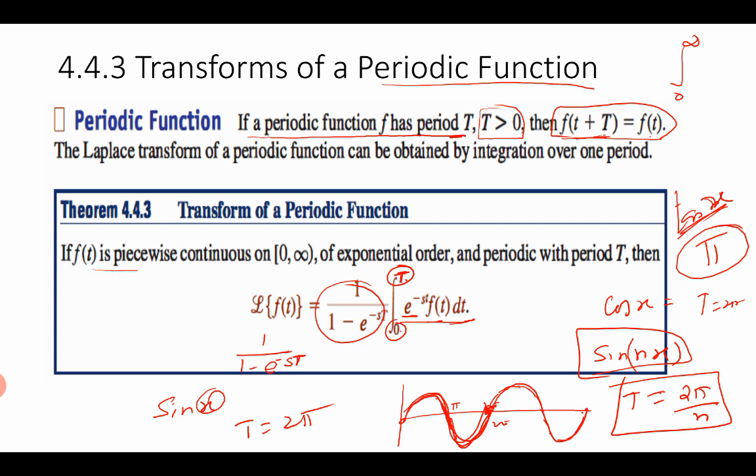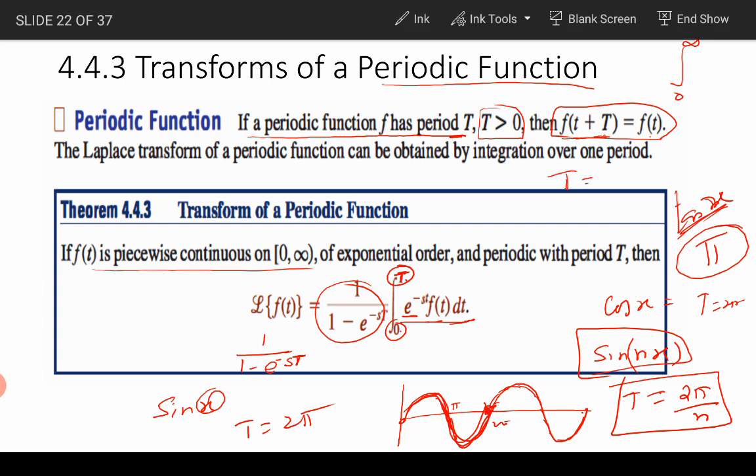The function is piecewise continuous in the interval, and of exponential order, everything is true. Whatever the necessary and sufficient conditions for the existence of the Laplace transform, they should be true for this function f of t. And we don't need to verify them. We just apply. If we know that the function is a periodic function with the period T known, then we use this formula, right?